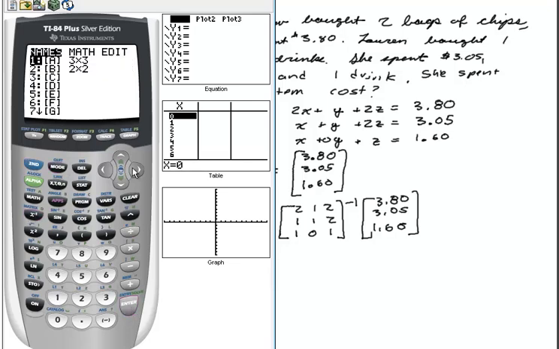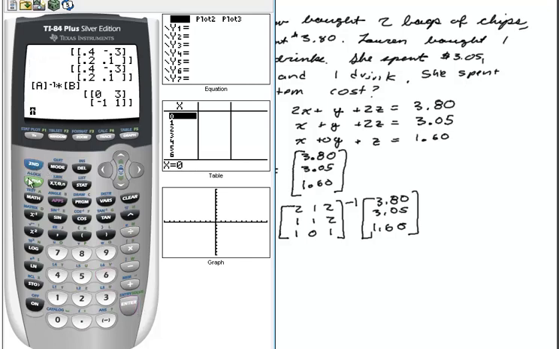Okay, so second quit. Now, second matrix, edit, matrix B. It is not a 3 by 3 matrix. It's got 3 rows, 1, 2, 3, and 1 column. It's a 3 by 1 matrix with the values 3.8, 3.05, and 1.6.